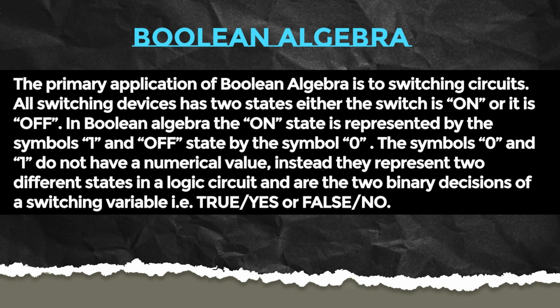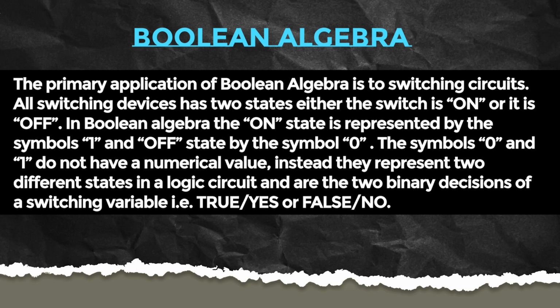The primary application of Boolean algebra is in switching circuits. All switching devices have two states, as we know, either the switch is on or it is off. In Boolean algebra, the on state is represented by the symbol 1 or the binary value 1, and the off state by the symbol 0 or the binary value 0.